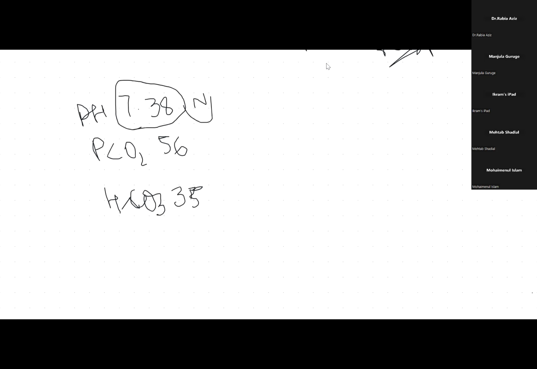This carbon dioxide, it is raised. The normal levels are 35 to 45. This is raised. Raised means acidic. And what about this?